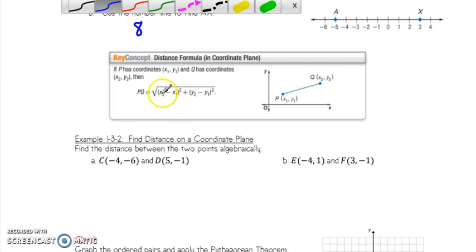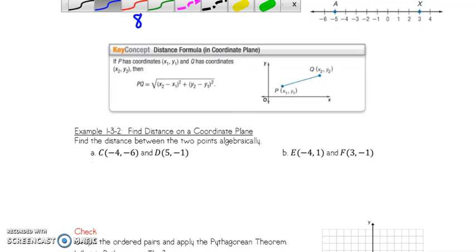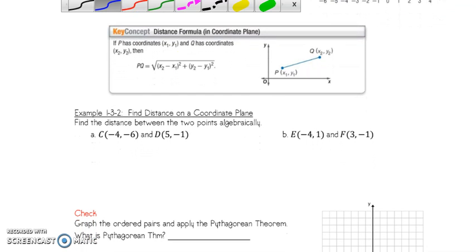Without focusing so much on which is x and which is y and what to subtract, basically we're going to find the difference of our x values, square them, find the difference of our y values, square them, and then take the square root of that sum.